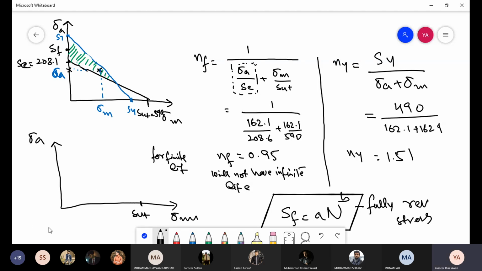If for example we are given that we don't want infinite life, we want 10⁴ cycles and SF for that is maybe 400 megapascal, ठीक है। So how do we design for combination of sigma A and sigma M? What do we do? Because this region is safe for infinite life. Obviously now we could stress more because we are not going for infinite life but only 10,000 cycles.